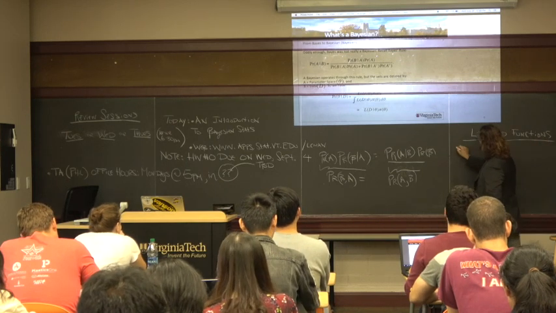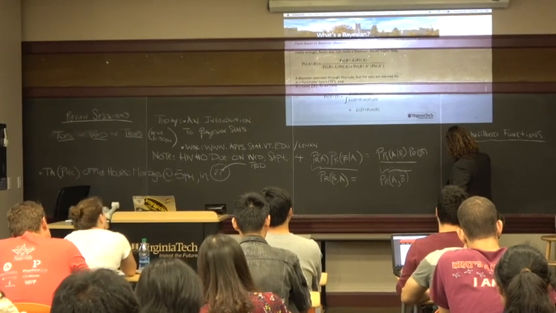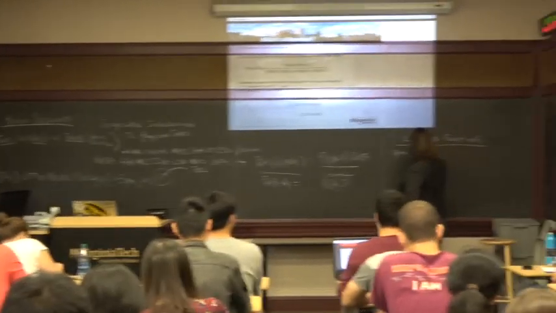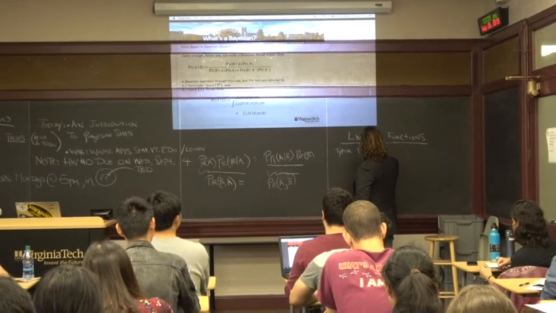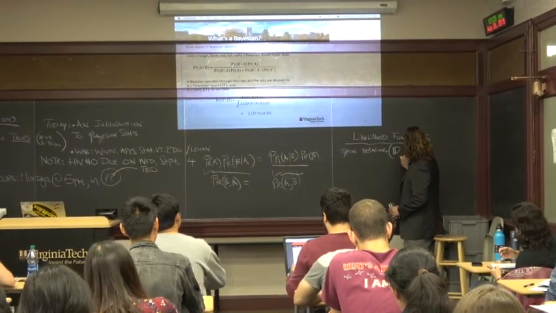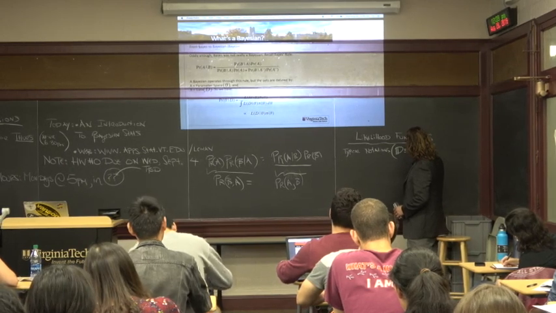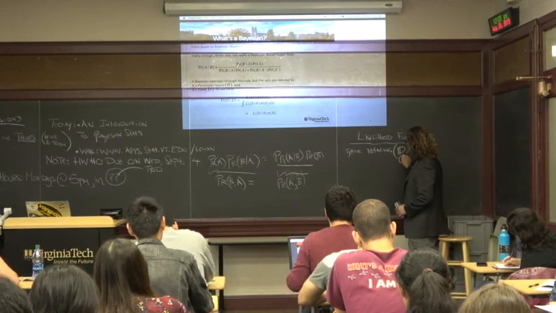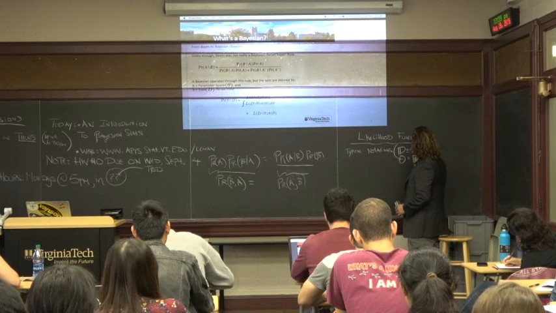Okay, typical notation for these. I'll write down D is equal to data. So it's the data that you've observed, and theta are parameters.